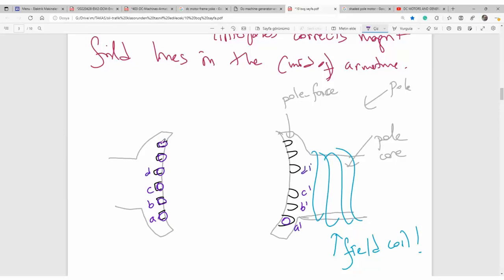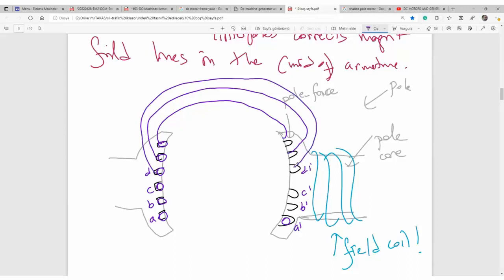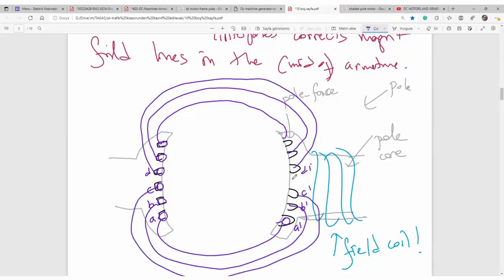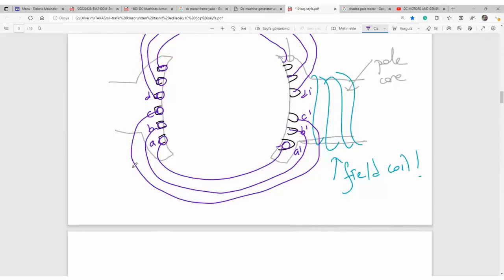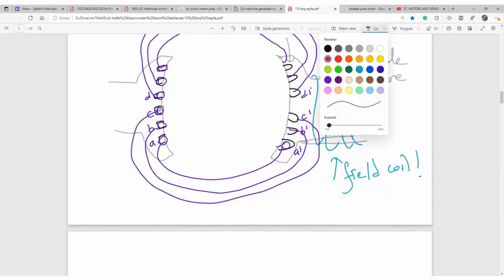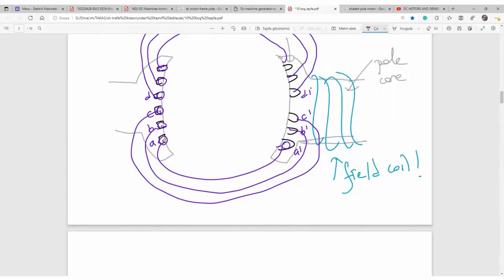The winding looks like this, from here to here, here to here, and here to here, and here to here, here to here, here to here. And the current's direction is important. Ladies and gentlemen, here must be dot, cause some magnetic field lines like this.